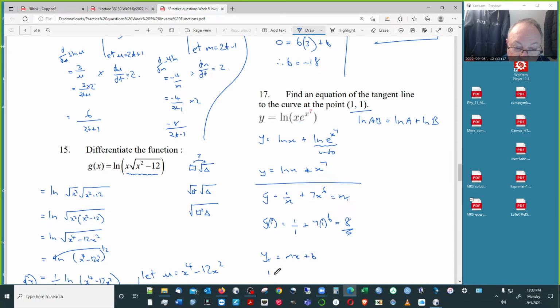We've got the point. So therefore b is equal to -8. It should be -7.